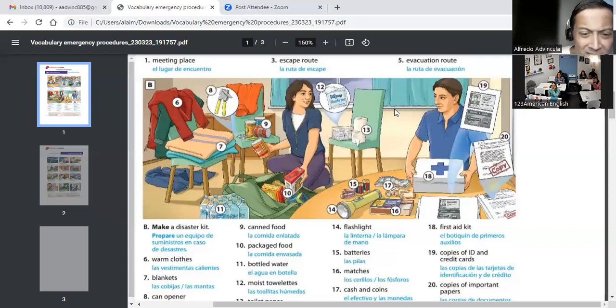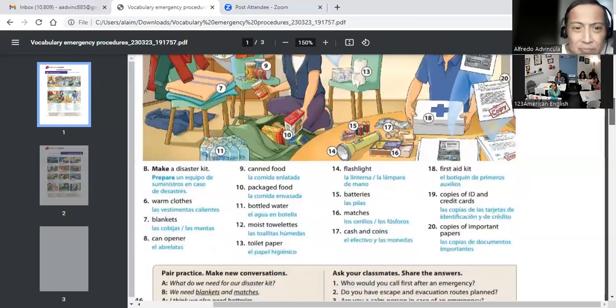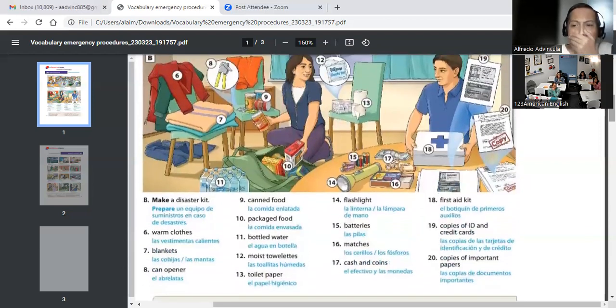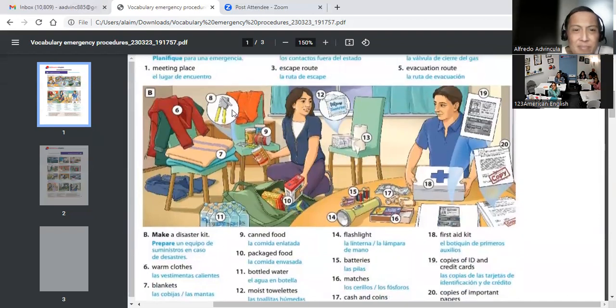What about number 8? Luzmila, why do you think a can opener is important? Can opener.